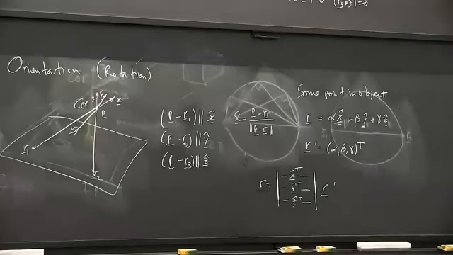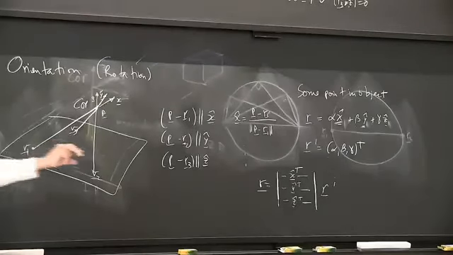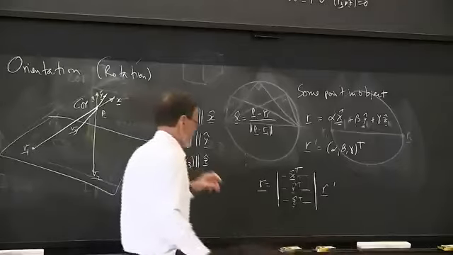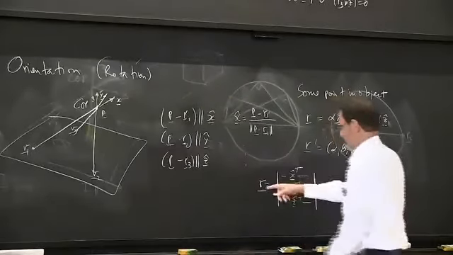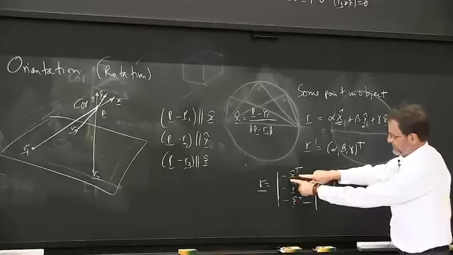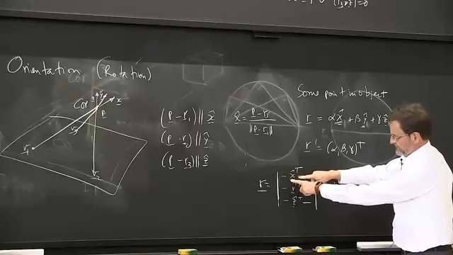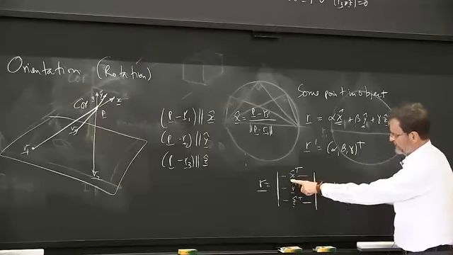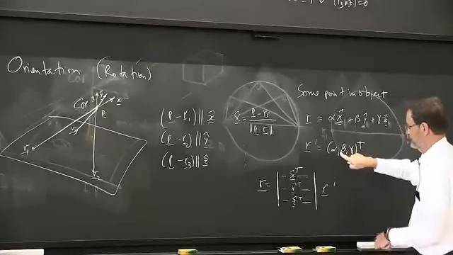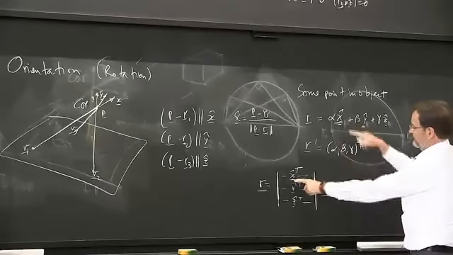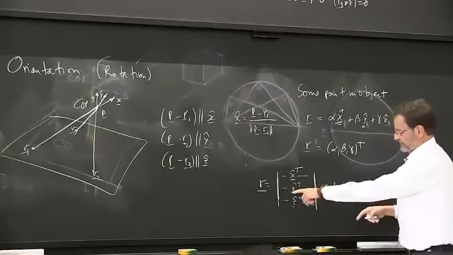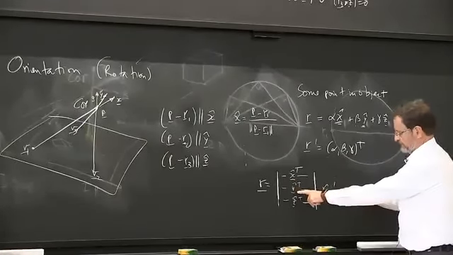So the first row of that matrix is the unit vector in the x direction laid out as a row. And so the first component of R over here is the dot product of this x unit vector and R prime. That's what you see in that equation. The second component is the dot product of y with this, and so on.